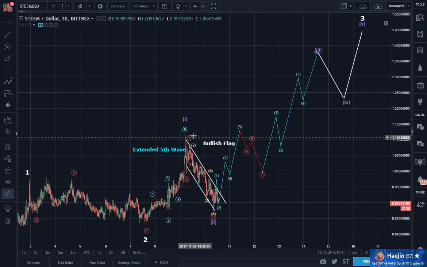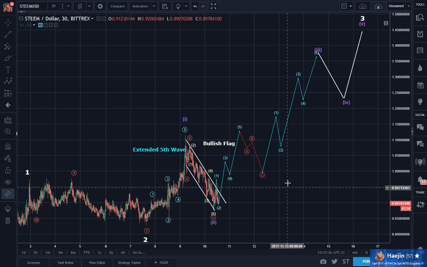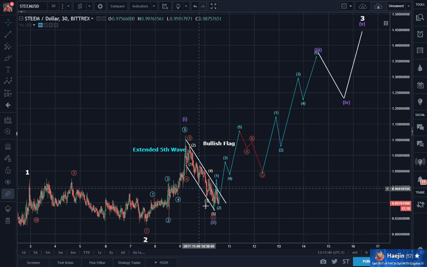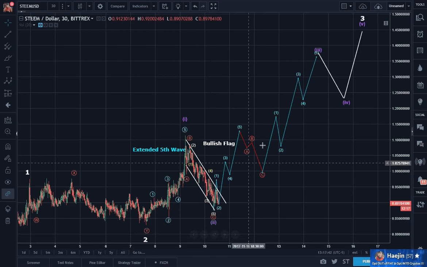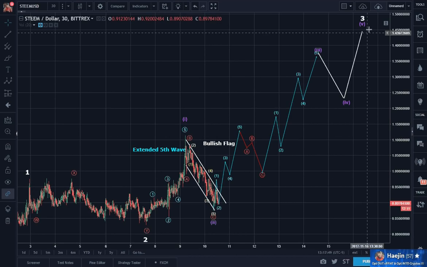So I think the key here is this bullish flag. That's what's driving my, again, I need to emphasize the importance of combining patterns with Elliott waves. Patterns give you the additional confirmations to help you find a trend. So if this bullish flag breaks out, we will see this trend.